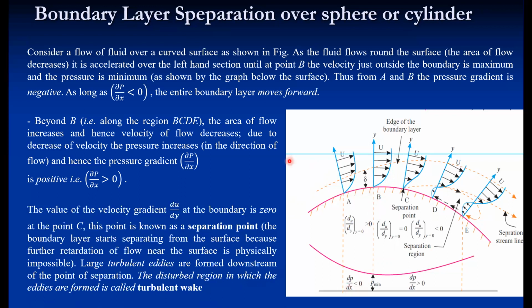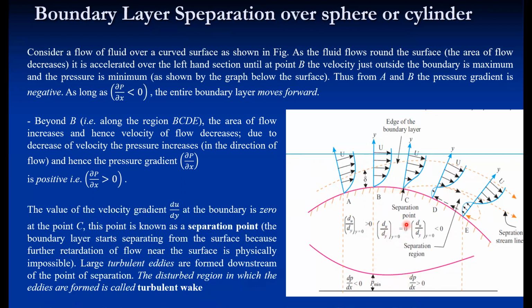In this particular favorable zone, that is from A to C, or A to B we can say, the pressure gradient is negative and the velocity gradient is positive. So the flow is attached. From B to C, the pressure gradient is positive, but still the flow is attached. So this is not, we can say, an adverse pressure gradient.